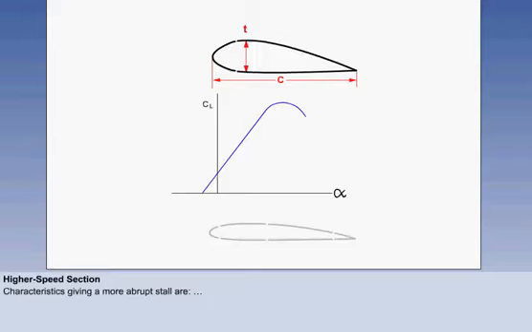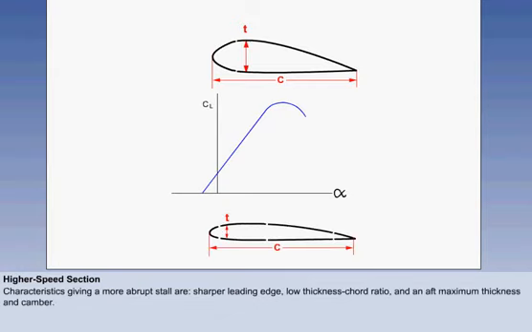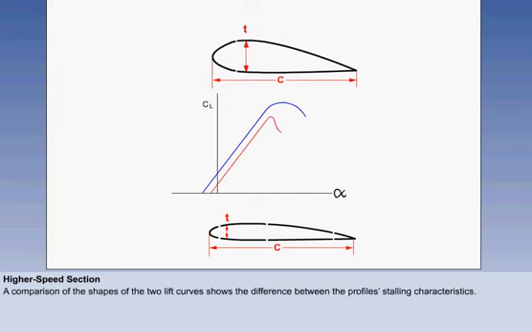These features are more typical of a wing designed for efficient high-speed operation. With a sharper leading edge, a low thickness chord ratio, and an aft maximum thickness and camber, a comparison of the shapes of the two lift curves shows the difference between the profile's stalling characteristics.